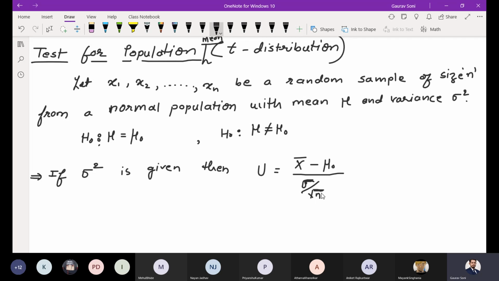What is small n? Small n is the number of samples that you have.